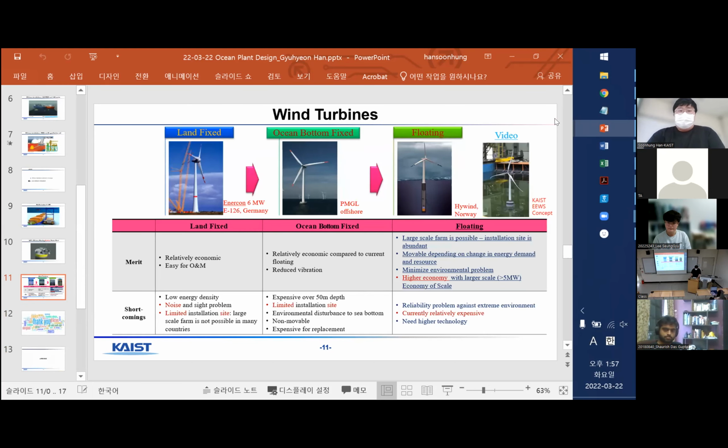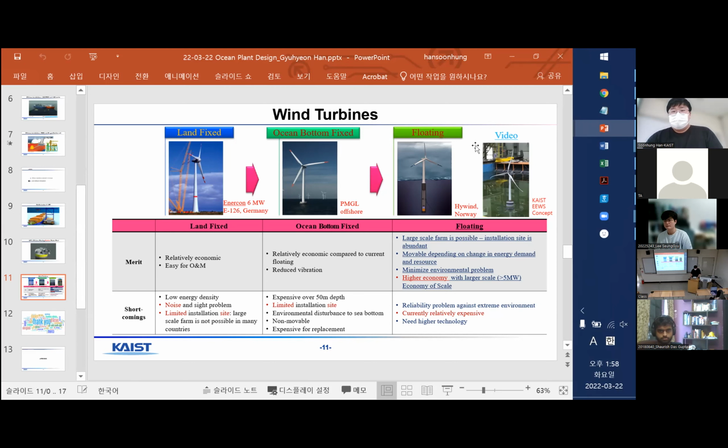And lastly, there are wind turbines. Maybe you have seen this before. Currently, land-based wind turbines are very basic, but they are quite noisy, and there are not many sites for installation. And ocean-bottom fixed wind turbines can be used in the shallow ocean, but still they have limited size.